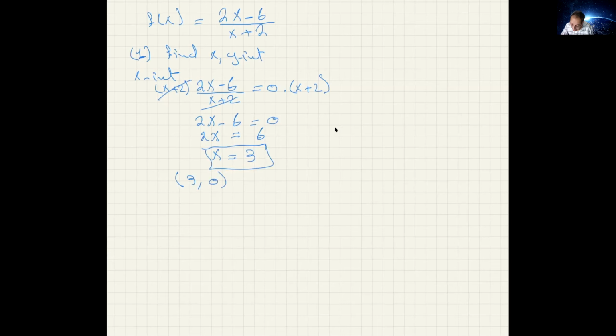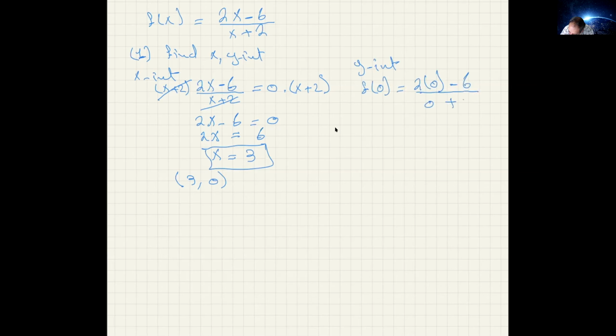Okay, y-intercept. For the y-intercept, I set x to 0 and solve for y. So I have f of 0 equal to 2 times 0 minus 6 divided by 0 plus 2.